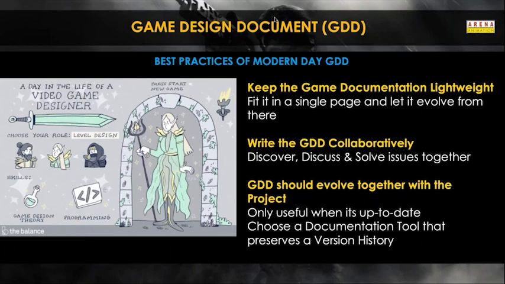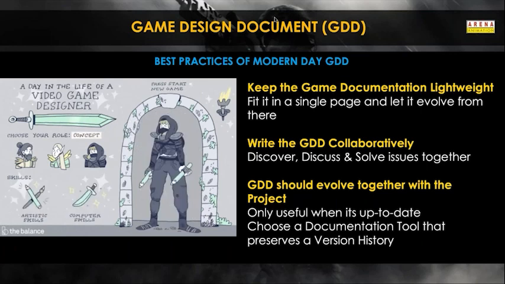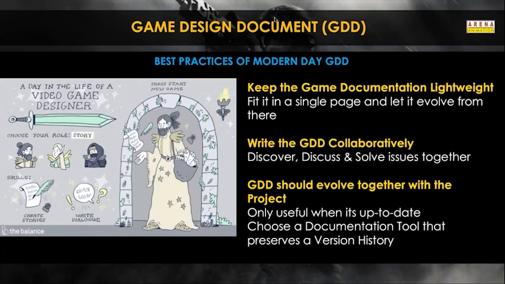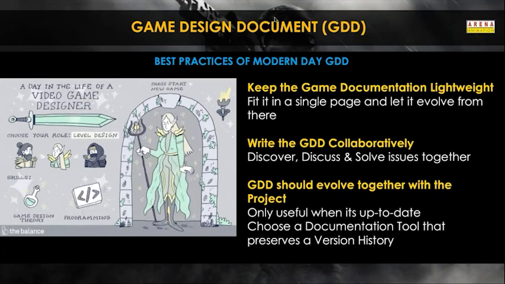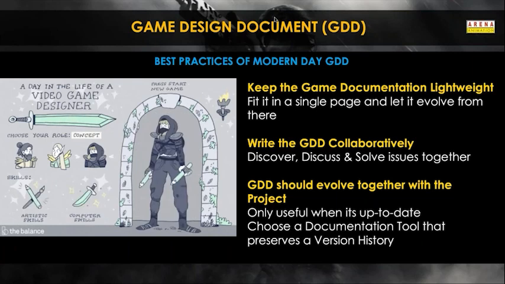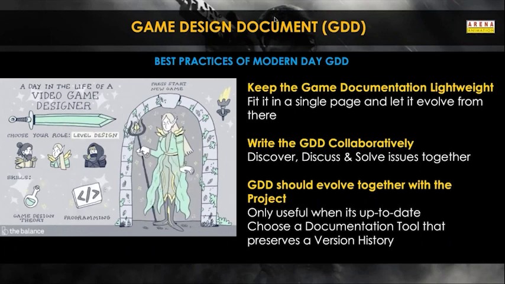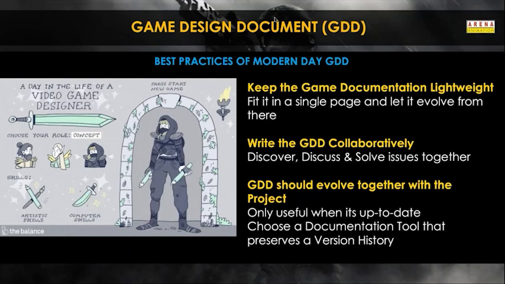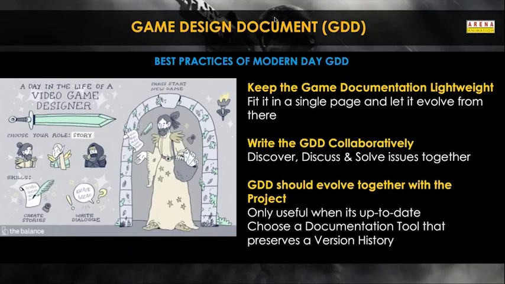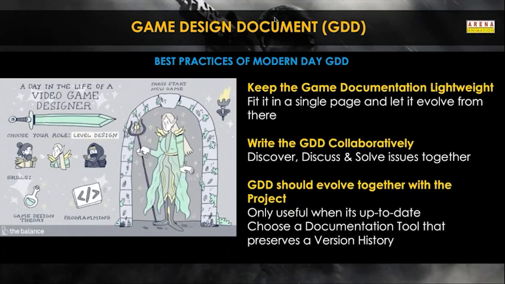Next point is the game design document should evolve together with the project. A game design document is only useful when it is up to date. So everybody has to contribute to it on a daily basis. First of all, you need to choose a documentation tool. For that, we'll discuss how Neutrino is a networking documentation tool that also preserves a version history.